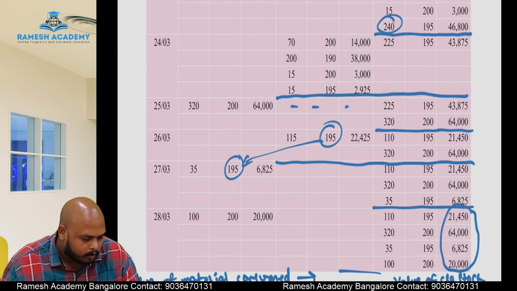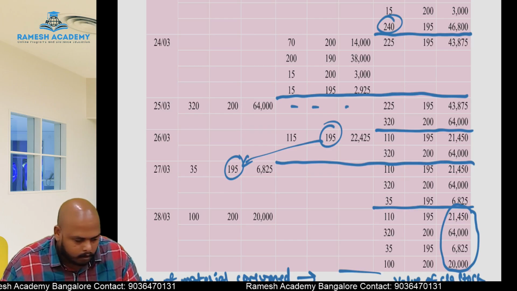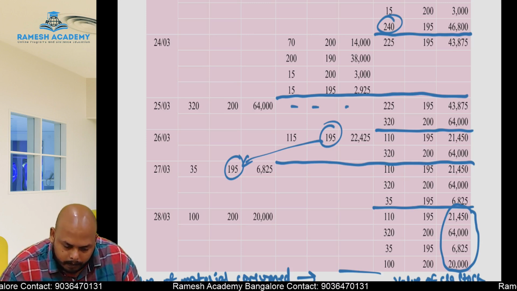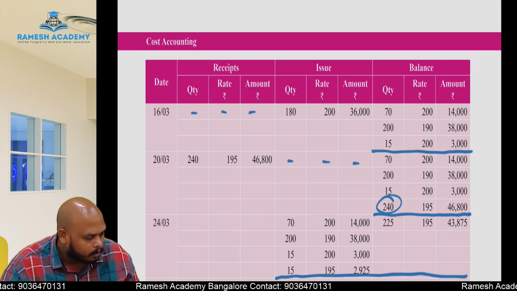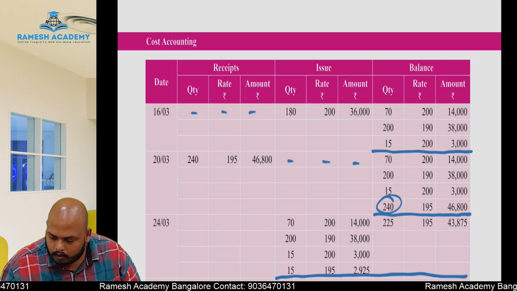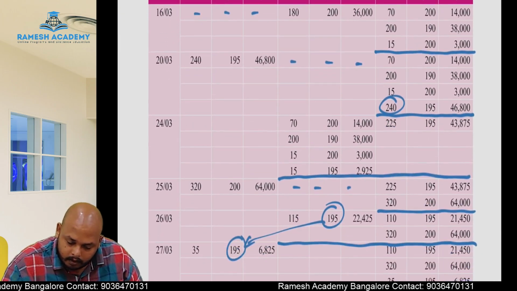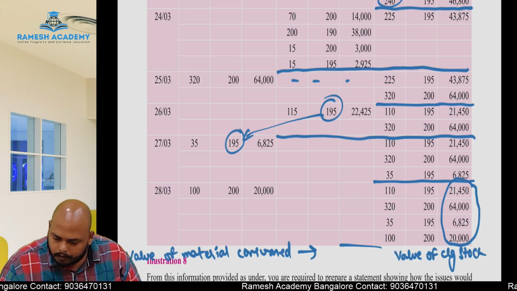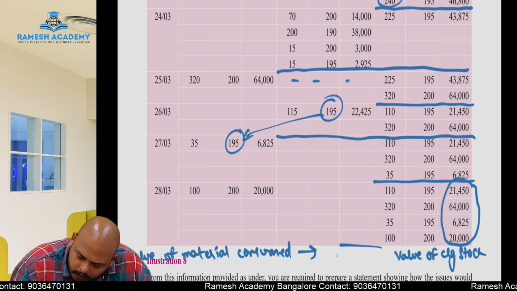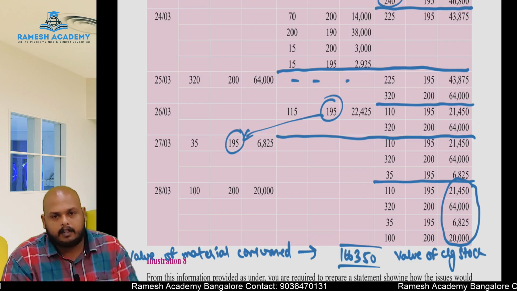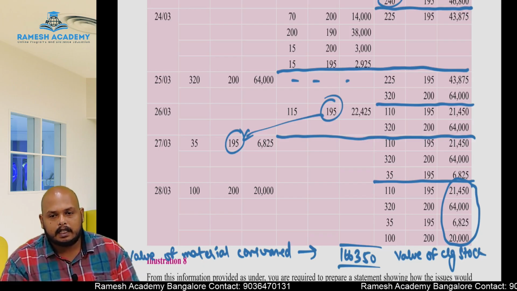First is 14,000 plus 20,000 plus 16,000 plus 36,000 plus 14,000 plus 38,000 plus 3,000 plus 2925 plus 22425. 1,66,350. So this is the value of materials consumed, Nana.